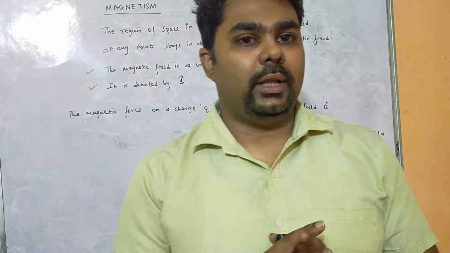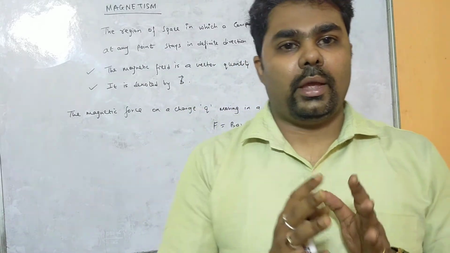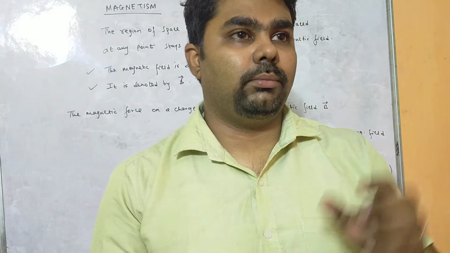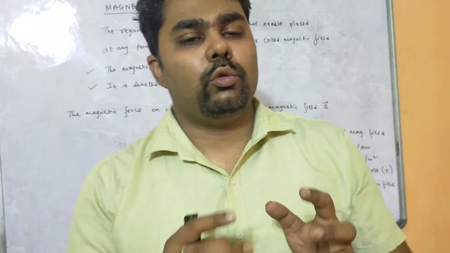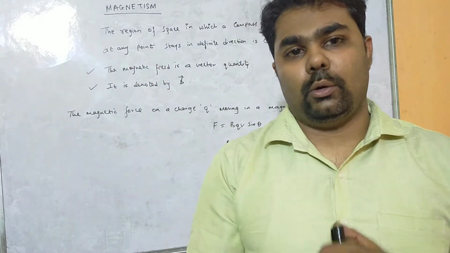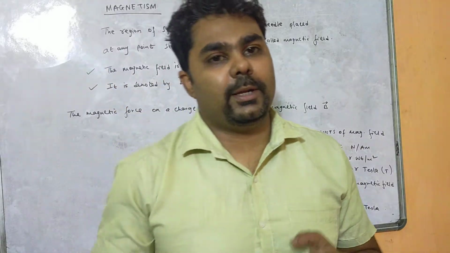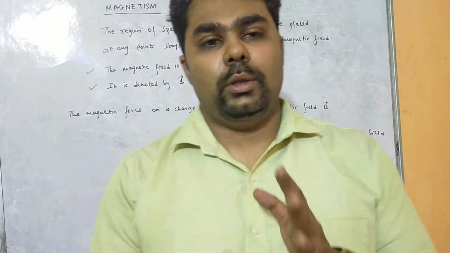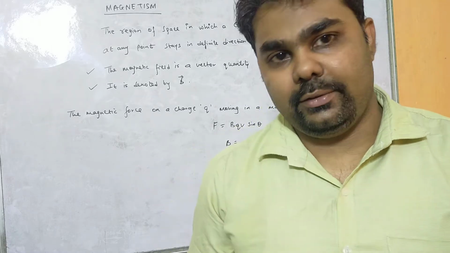Now, if there is a hollow surface, and we place a magnet inside that hollow sphere, how much magnetic flux will be coming out? Like we have seen with electric flux, similarly we will see how much magnetic flux comes out. Answers to this type of question we will get in this chapter.